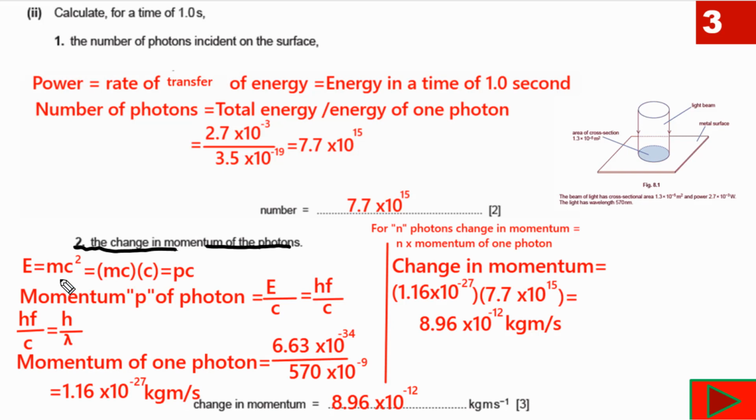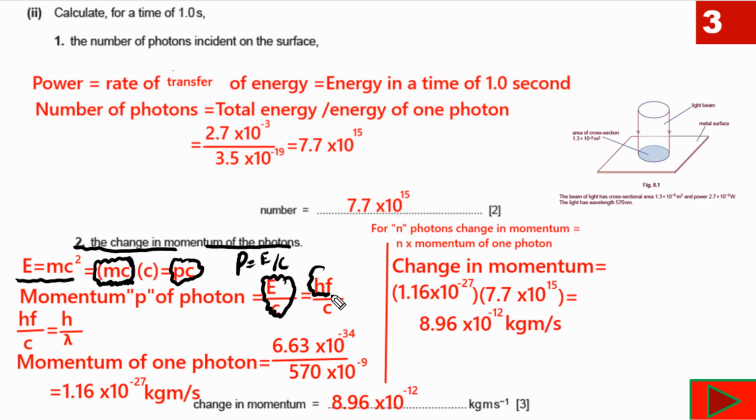Now, as we need to calculate the change in momentum, we understand E is equal to mc squared. We can rearrange this a little bit. So this is the momentum, meaning mass times velocity. So we can say E is equal to pc, or we can say the momentum is equal to E divided by c. So here this is the momentum of a photon.